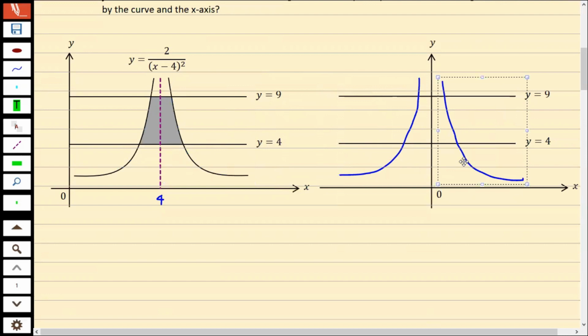Almost done. Okay, looks similar, right? So guys, what I did, I moved the infinity line to the 0. So now this is my shaded region now.